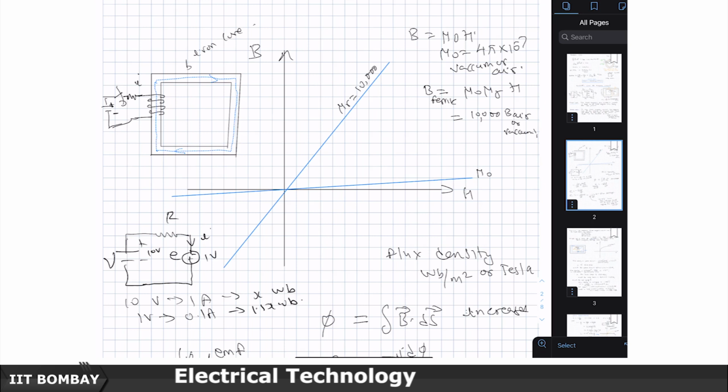It will lead to 0.1 x times of the flux it will create in the core, because if the current is increased, the flux has to increase, and so the flux will become 1.1 x Weber. Now, this seems to be an avalanche kind of a condition, and this kind of growth will basically cause the flux to go to infinity, which physically does not make sense.